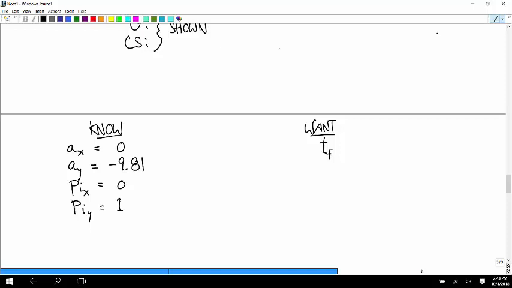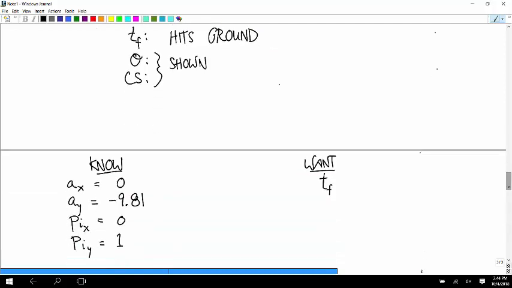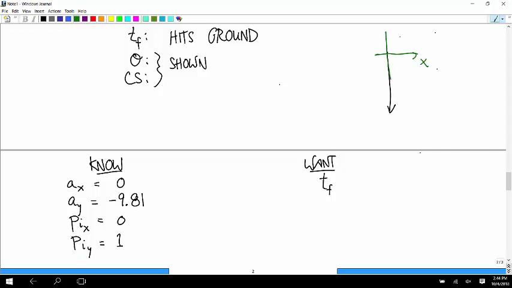Oh, the acceleration. So the acceleration vector, if you draw it, is this, right, with a magnitude of 9.81. Our coordinate system is this. So now it's just a matter of figuring out what the components of this vector are. And there's two ways you can think about it.